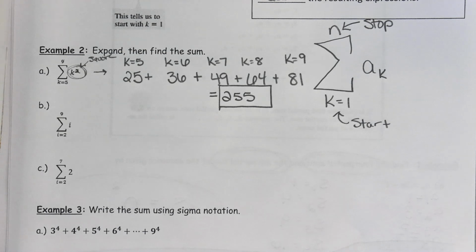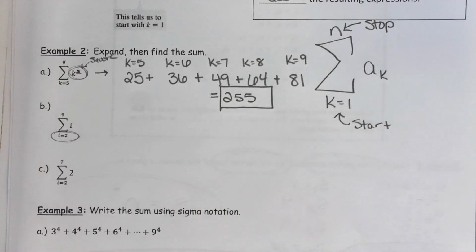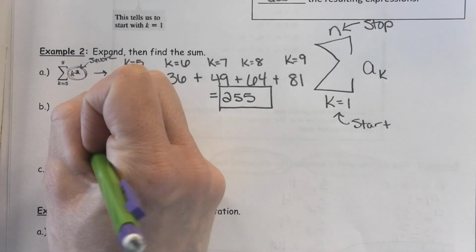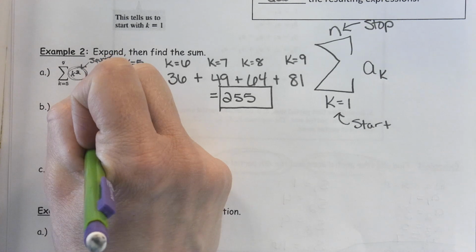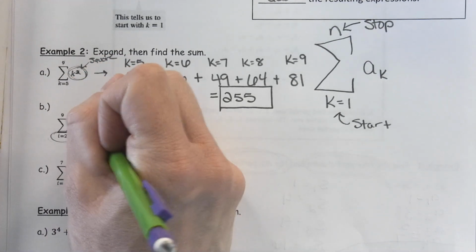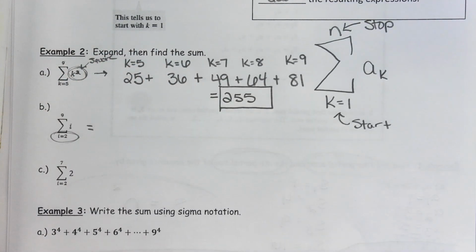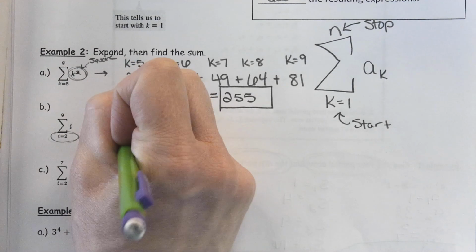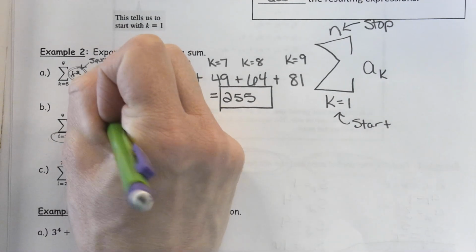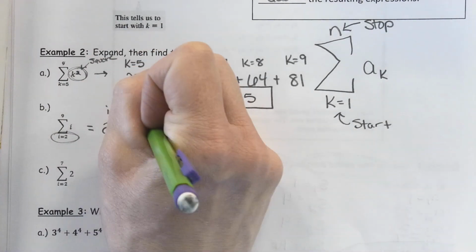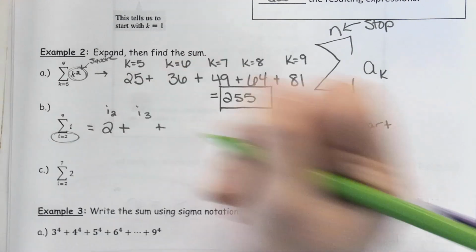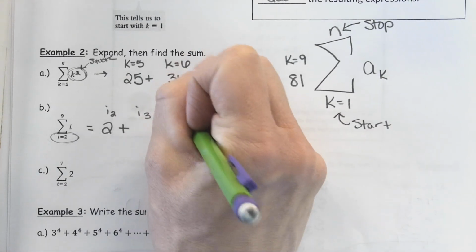All right. What term do I start with? 2. So if I plug in 2, do you see how it's just I? So it's just 2. That's not very exciting. So that's I sub 2. I like to write them above because it makes me feel better that I've accounted for everybody. You don't have to.